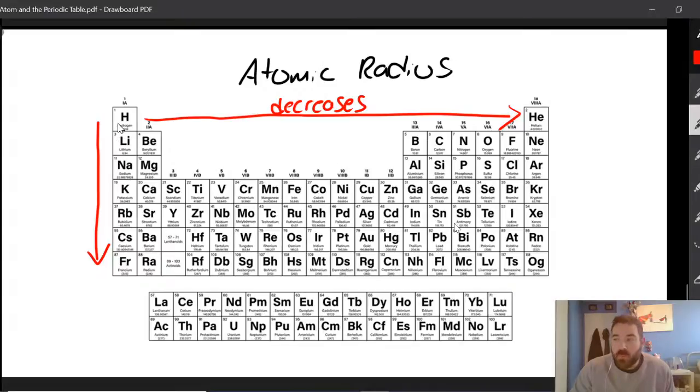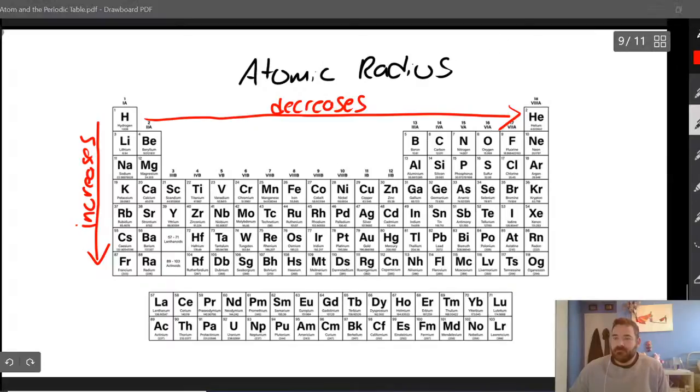Adding an actual orbit to the atom increases the radius so greatly that even though there are more protons and more electrons to be attracted, it still increases the radius of the atom. It supersedes it. It increases here. Okay. So that's atomic radius.